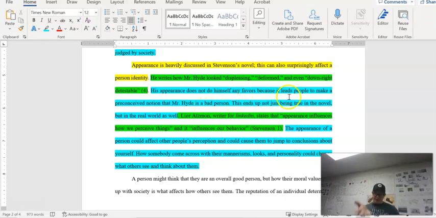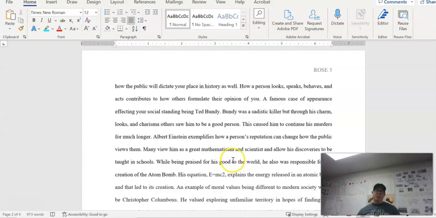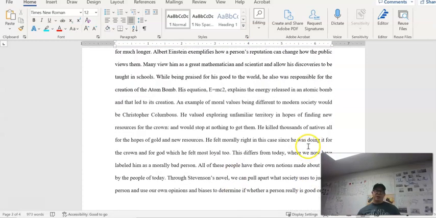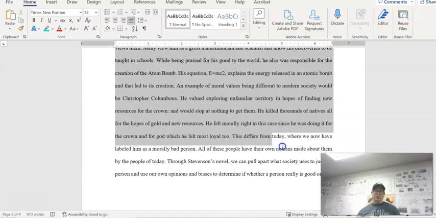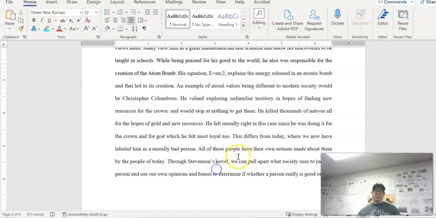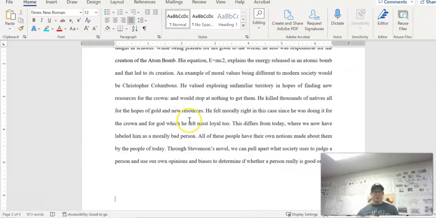It's split well, but it's still just too short. It's way too short for college, for a third paper kind of paragraph. Okay, so this one is longer, which looks good. And now this is just another body paragraph.